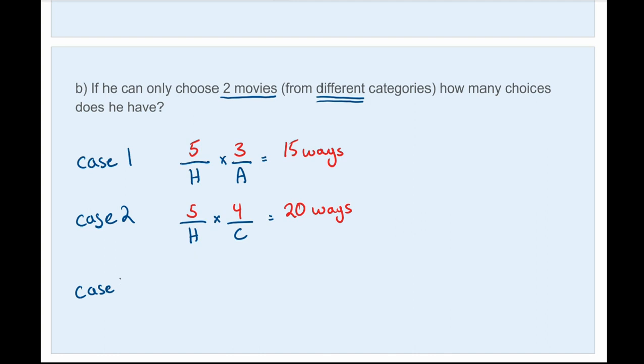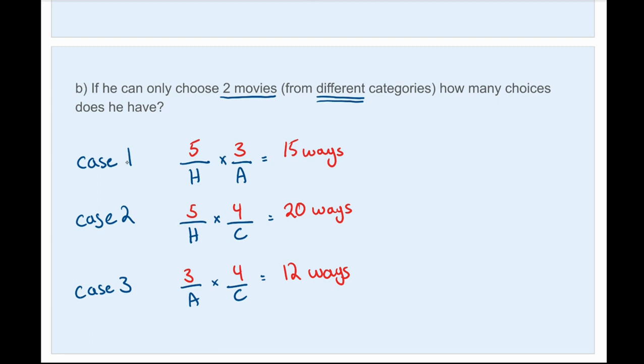And in the third and final case, I'm looking at action movies and comedy movies. There's 3 action, 4 comedy. This works out to 12 ways. All 3 cases belong to this overall question, because choosing 2 movies from different categories, these are the 3 cases I could have.